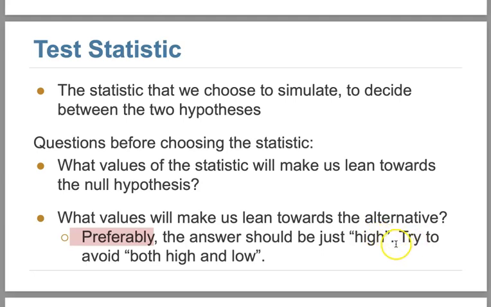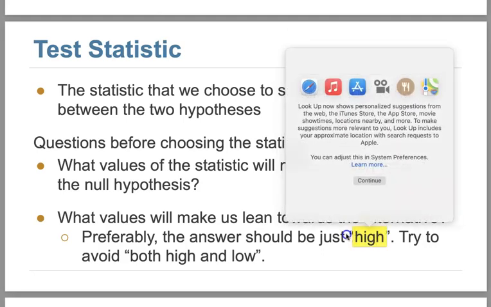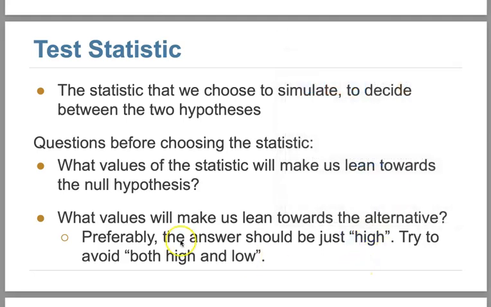You try to avoid both high and low. If you really have a high and low situation, the way to solve that is we just choose the absolute value. Then the answer should preferably be just to check if it is too high.